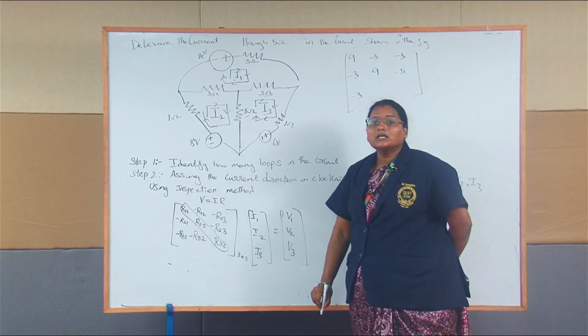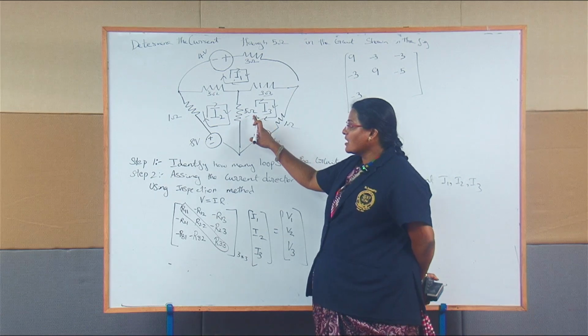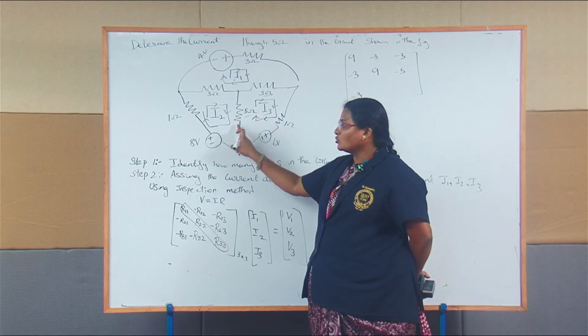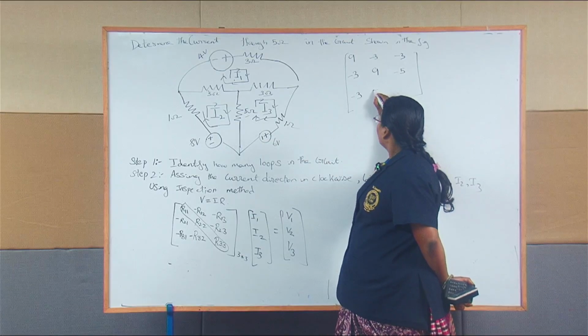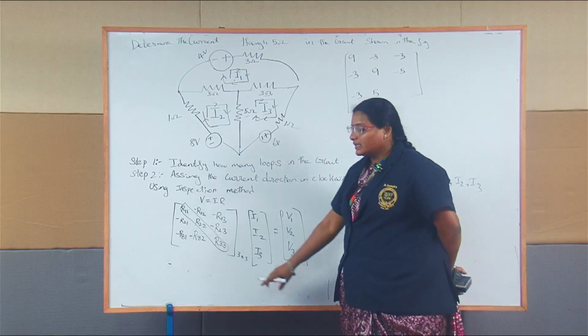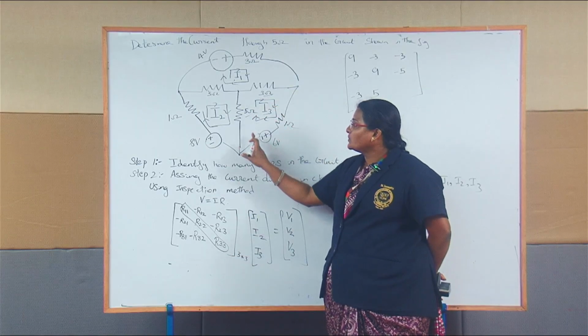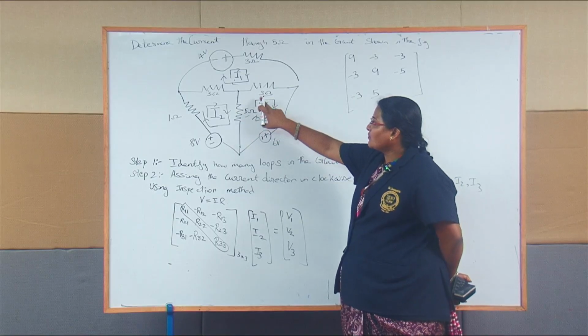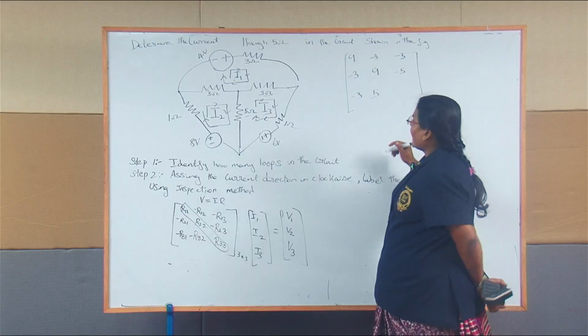Then R32 means the resistance shared by loop 3 and 2. It's nothing but 5 ohms, so you have to mention minus 5 ohms here. Then R33, the total resistance present in loop 3 alone. So 5 plus 3 plus 1 ohm, it becomes 9 ohms, right?